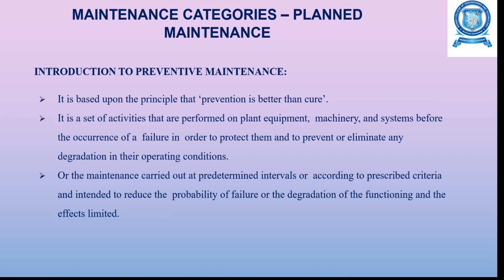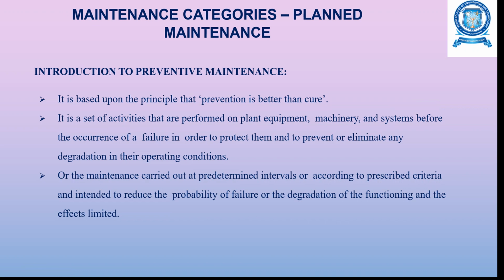So preventive maintenance is normally based on the principle that prevention is better than cure. It is a set of activities that are performed on the plant equipment, machinery, and systems before any failure occurs, so as to eliminate degradation or prevent deterioration of the operating conditions of the equipment.